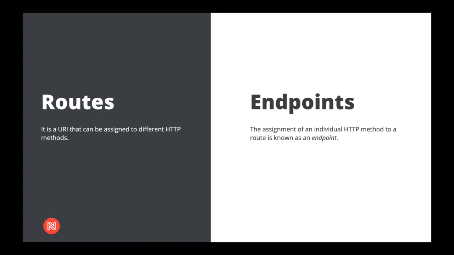So the routes are URIs that we can use to access, using the HTTP protocol, to get some information from the API, and we have an endpoint that is going to be the access to that information using the HTTP protocol too.